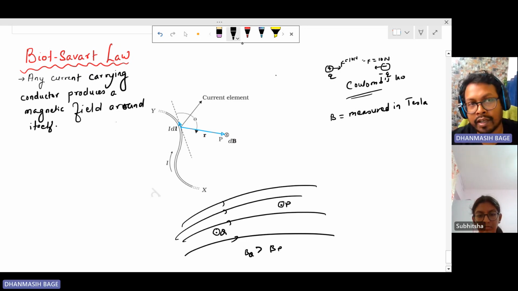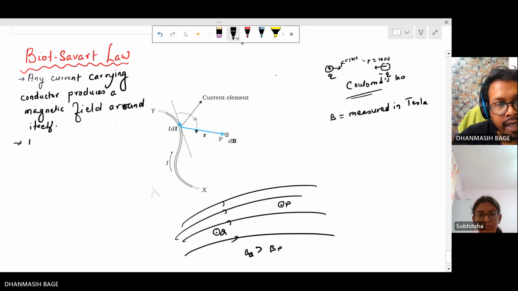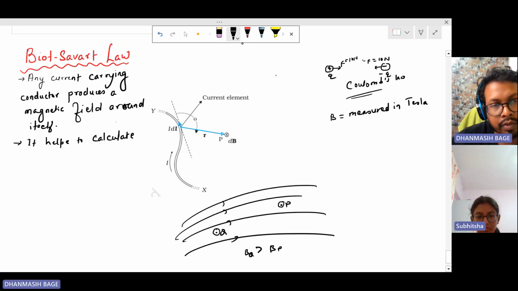Simple. It helps to calculate the magnitude of the magnetic field.